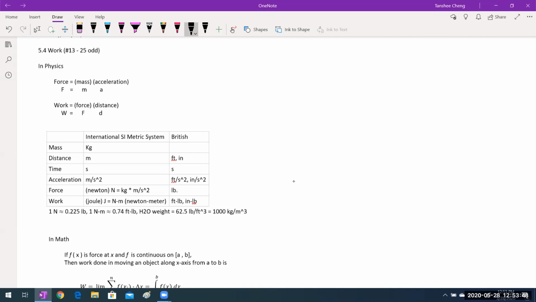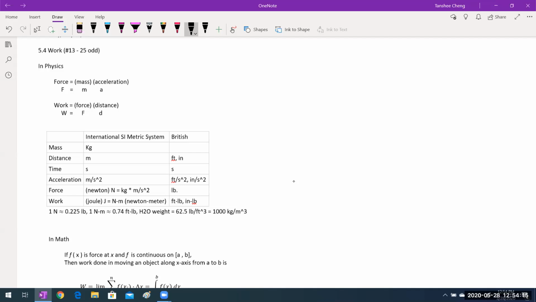Since force is mass times acceleration, in the SI unit system it will be kilogram times meter per second squared. This unit, kilogram times meter per second squared, we write as uppercase N, which is called the Newton. So that's the unit for the force. For the British system, the pound is basically the force.